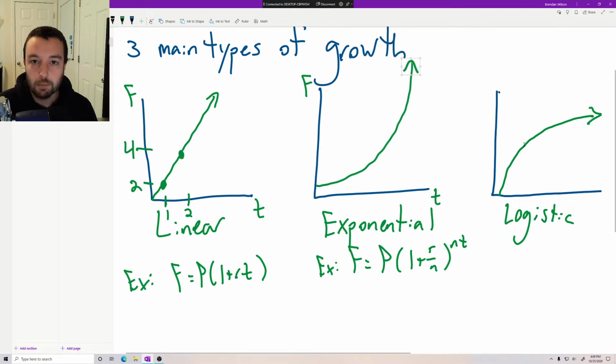Eventually, there's going to be too many people on the earth, and the population's going to have to start leveling off, maybe even going down. The logistic model doesn't usually go down, it just levels off. But you can imagine eventually it's going to have to go down, right? Whereas something like bacteria can grow exponentially for a long time because they're so tiny that there's nothing really impeding their growth for a long time.